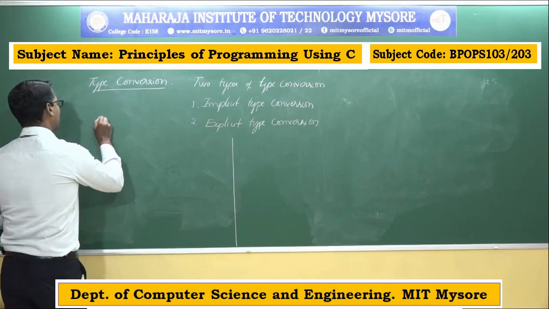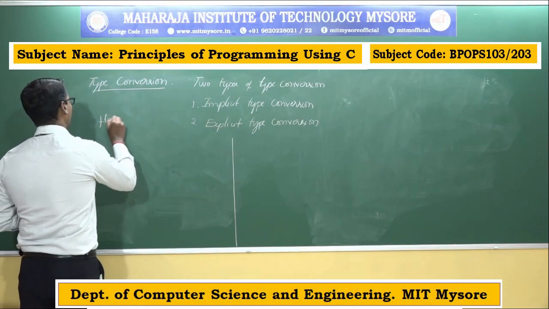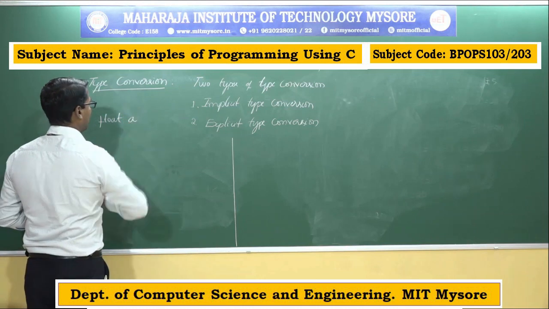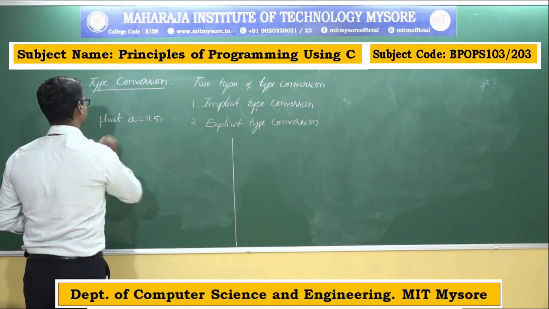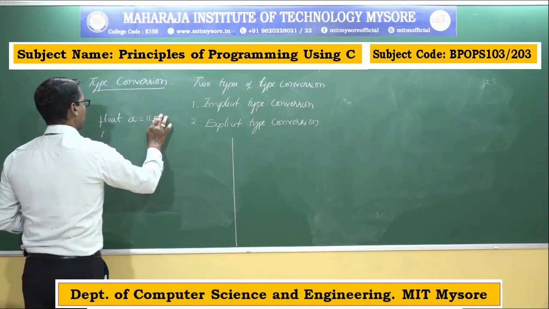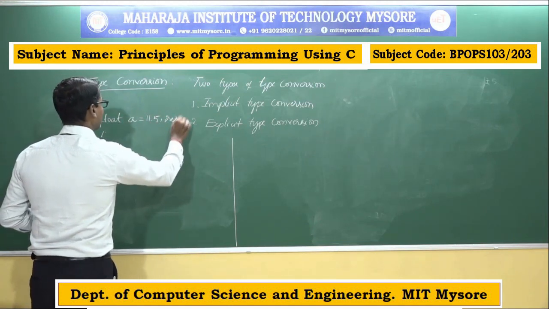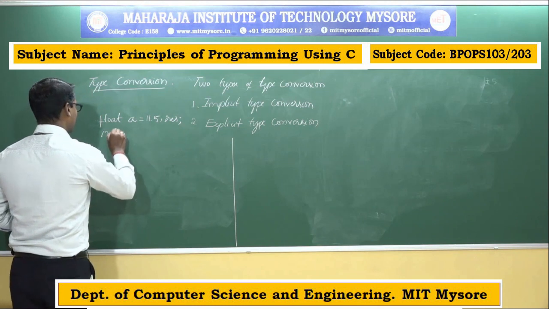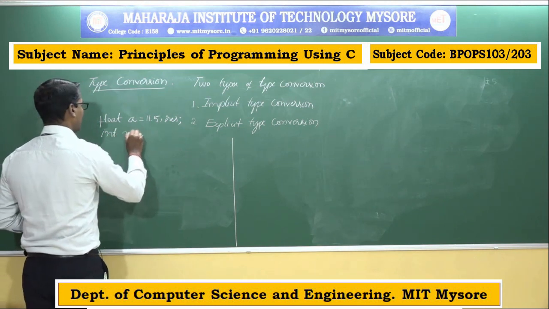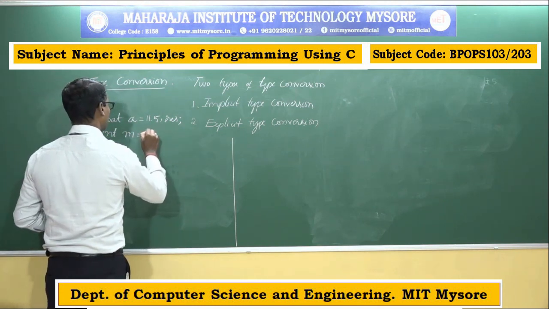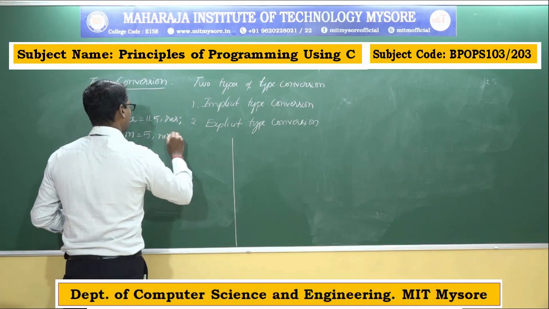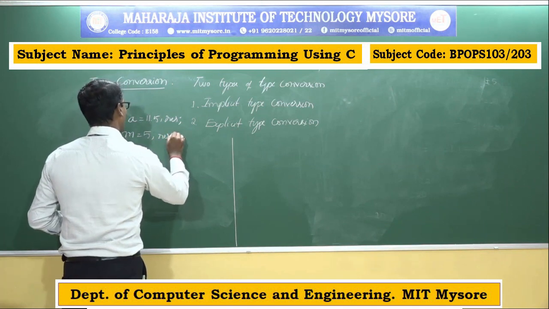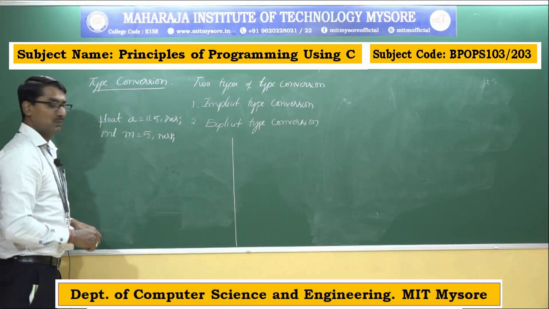The example: I consider the variable float a is equal to 11.5, and int m is equal to 5, and the result variable res1.